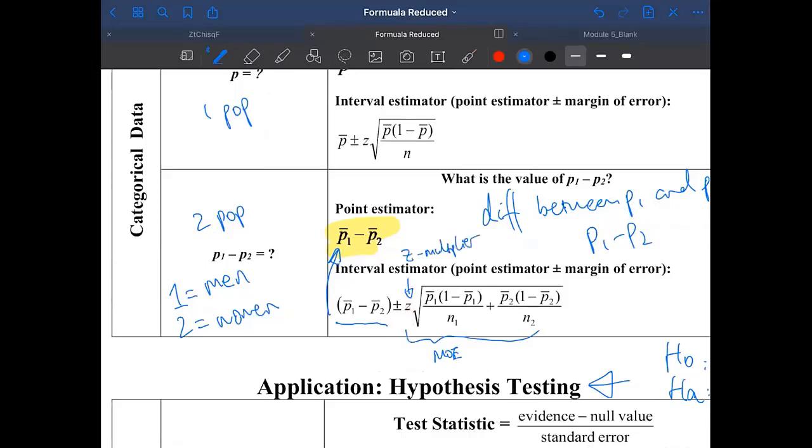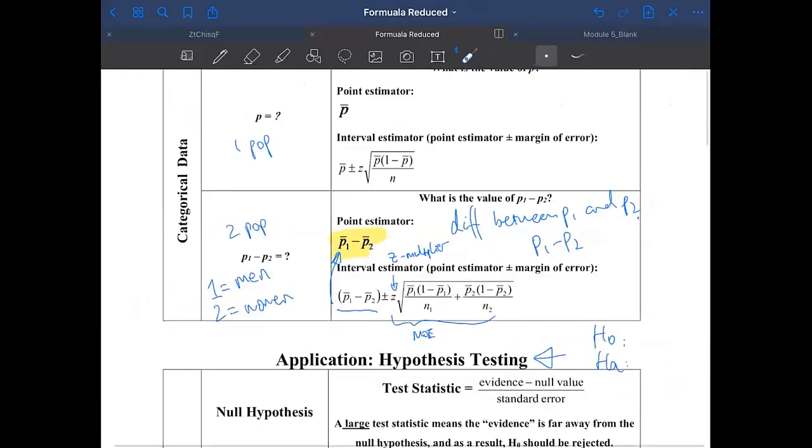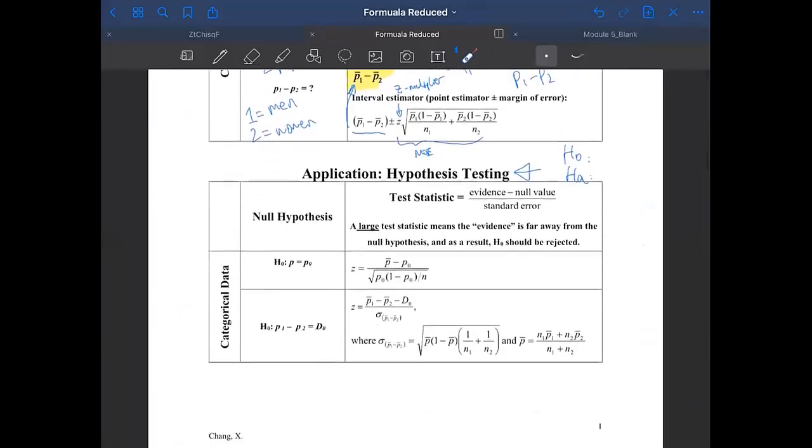And the second part, the square root term, is our standard error. It's just a more complicated version compared to what we had before. So you use the formula for estimation problems when you are asked to find a confidence interval.